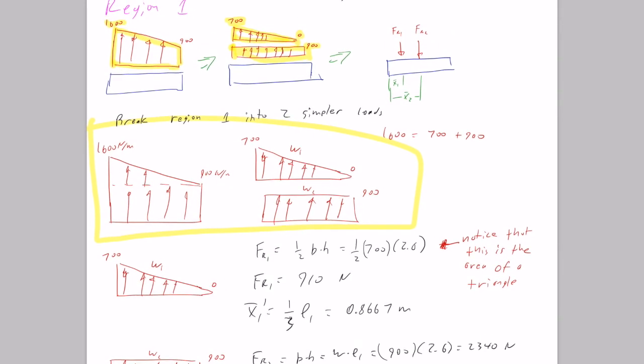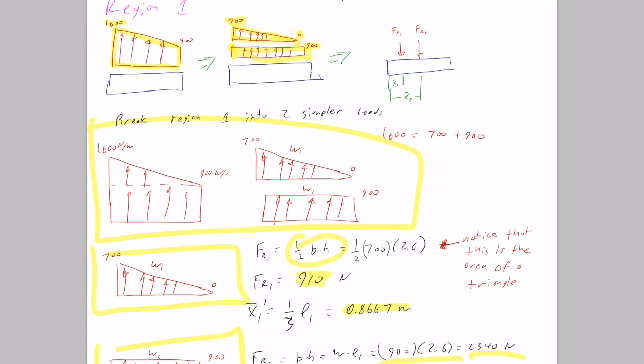Okay, so for this load right here, from 700 to 0, I can apply this calculation for the area under a triangle, and that gives me this equivalent load, and here's my equivalent position. Okay, and then we can do this one right here real quick, so it's just 900 times the length, and then here's my equivalent position, right?